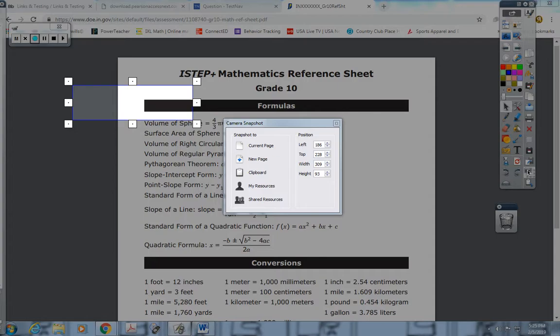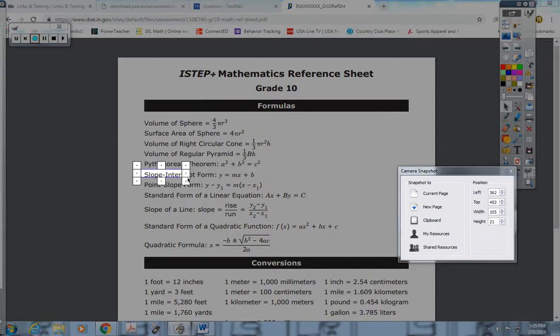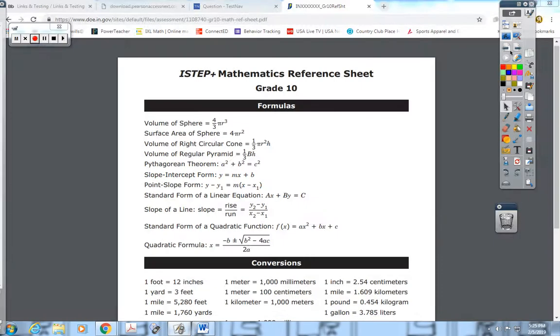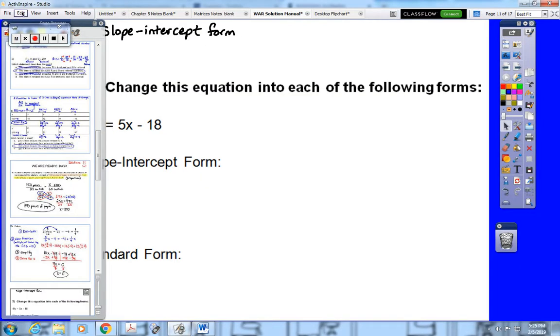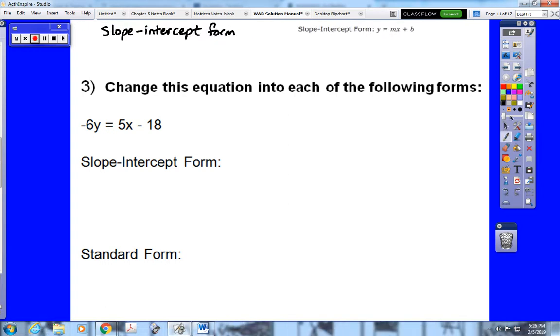Slope-intercept form is, move the camera out of the way here, y equals mx plus b. So we can go get that, and we can put that where we need it. Okay, it's on the reference sheet. It's y equals mx plus b. So we're already almost there.